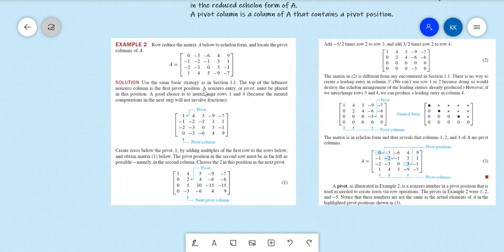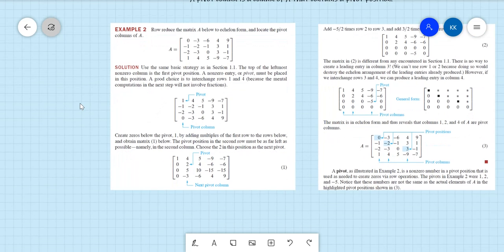So let's use a basic strategy. The top of the leftmost non-zero column is the first pivot position. A non-zero entry or pivot must be placed in this position. A good choice is to interchange rows 1 and 4, because the mental computation in the next step will not involve fractions.